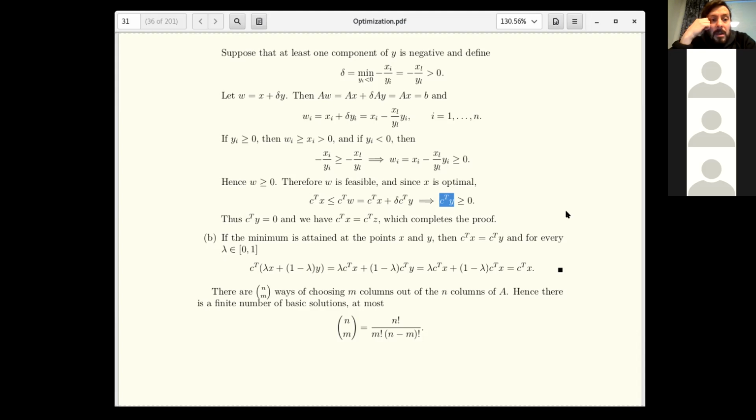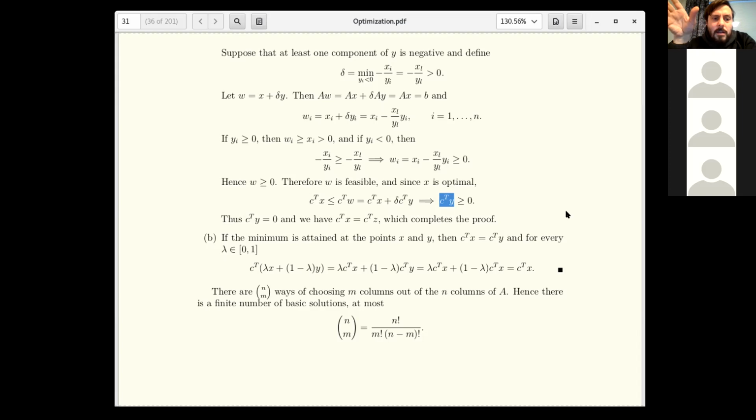And obviously the minimum is attained at every point between these 2 points because the cost function is the same. If we calculate a convex combination, well, this is linear, so it must be equal in a convex combination of those 2 points. And because both of these satisfy the constraints Ax equals b and Ay equals b, the convex combination also satisfies them.